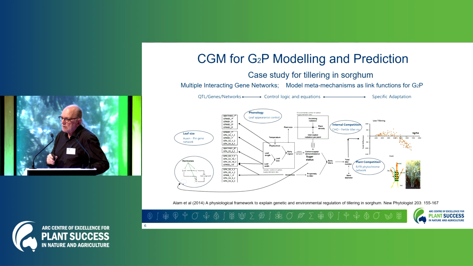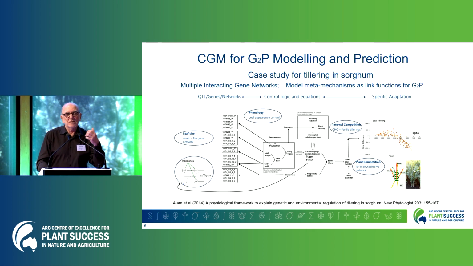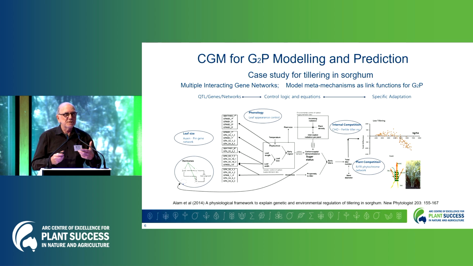The point of the modelling here is that the model dynamics have inherent in them the processes that enable the generation of that G by E, whereas a whole genome prediction G2P model largely would miss it.